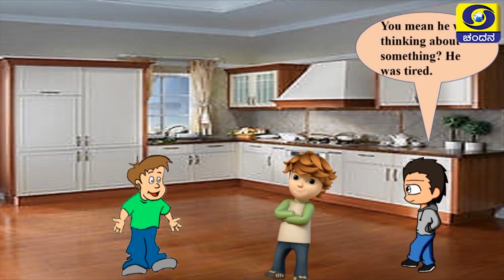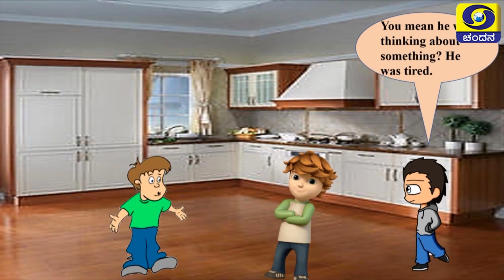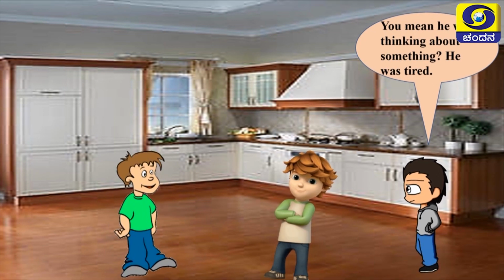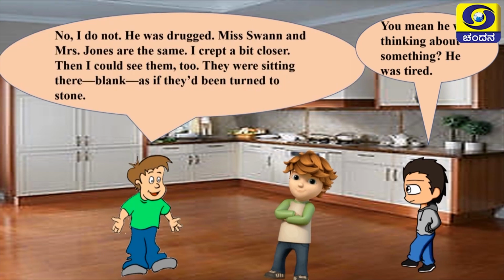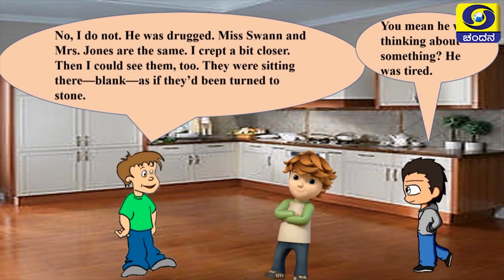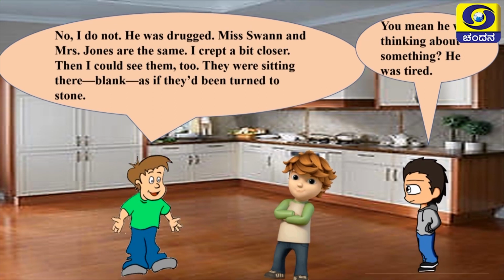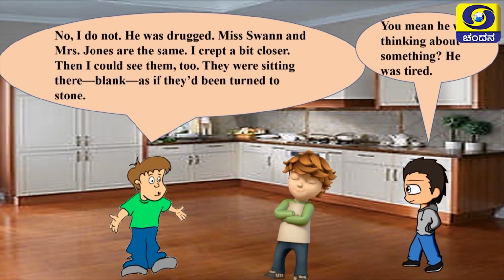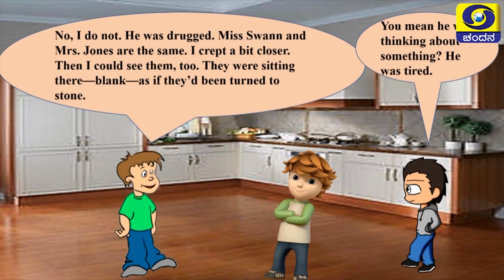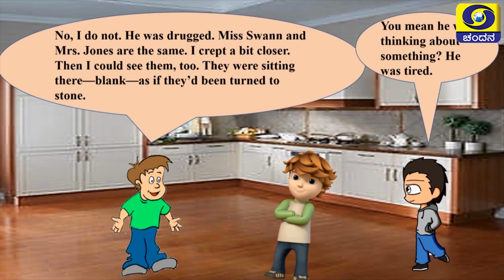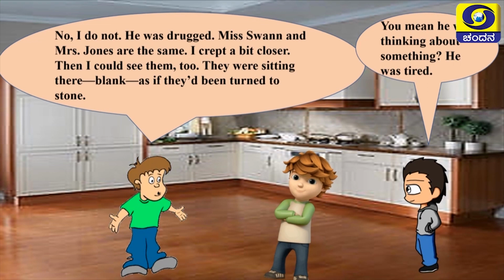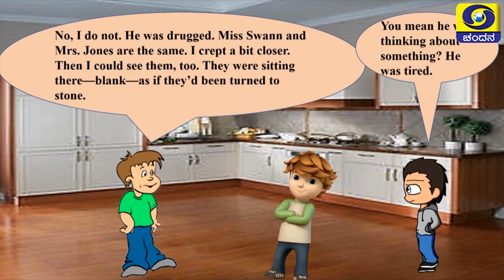You mean he was thinking about something? He was tired. No, I don't know. He was drugged. Miss Van and Mrs. Jones are the same. I crept a bit closer. Then I could see them too. They were sitting there, blank, as if they'd been turned into stone.